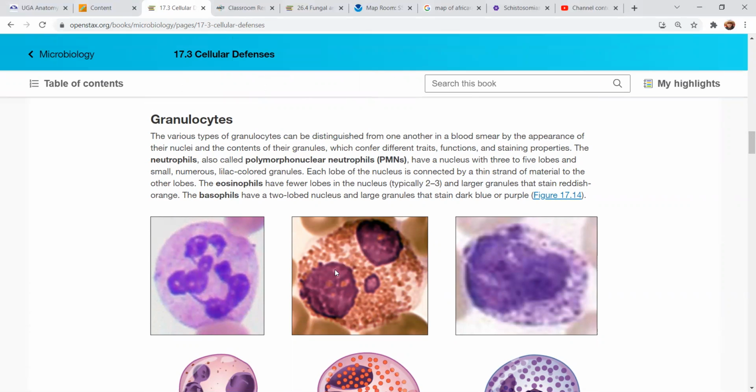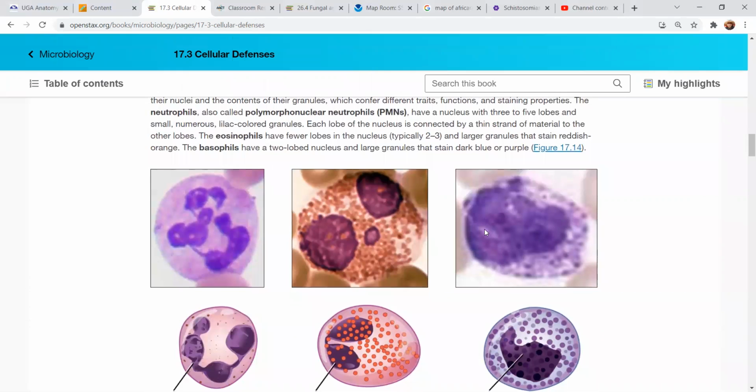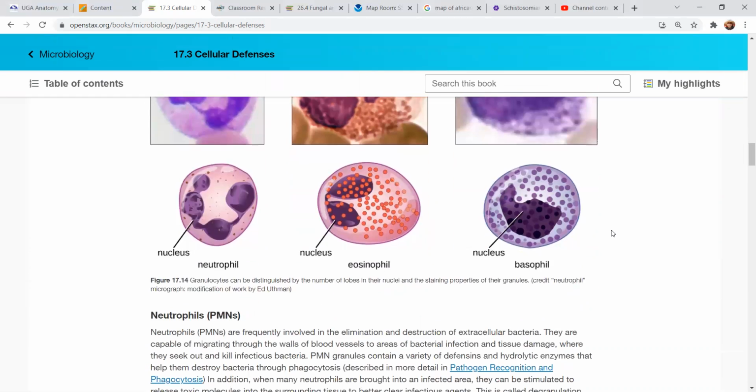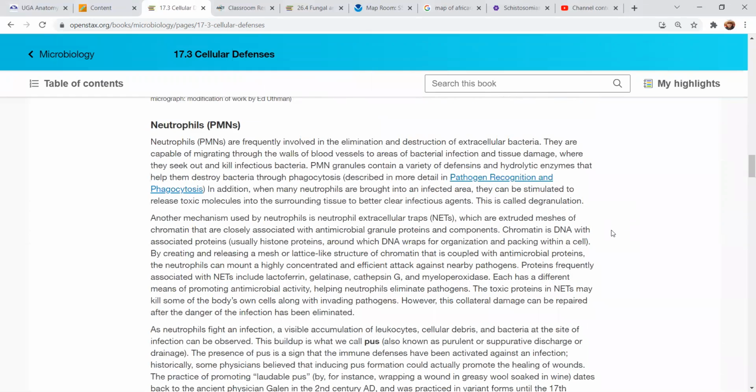Eosinophils, which a lot of times they have these red granules in them, but they have a double nucleus here. And then the basophils have a very, very large nucleus, and then the granules that stain purple here. And so these are our granulocytes.